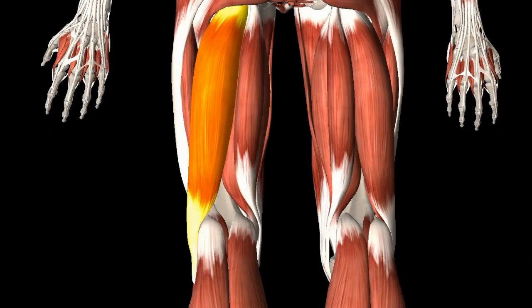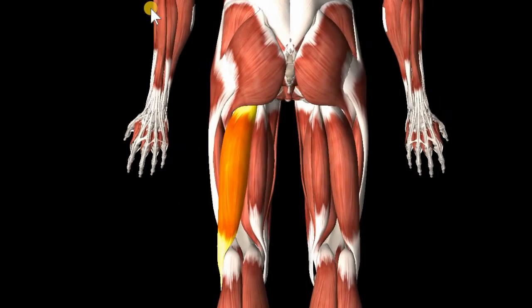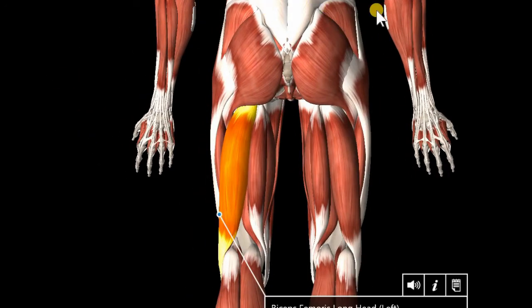You also have to consider pelvic unleveling. So if the pelvis is uneven, which is very common, that also puts an additional strain on either hamstring. It just depends on which way the pelvis is off-centered.